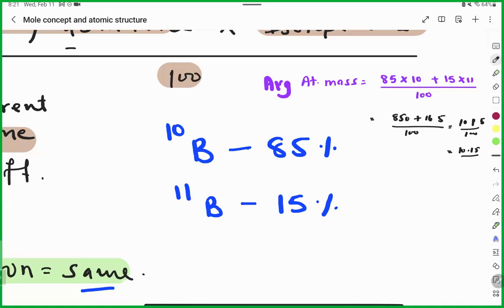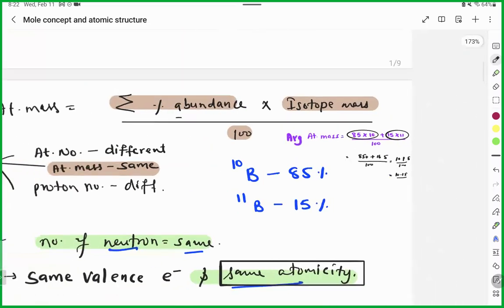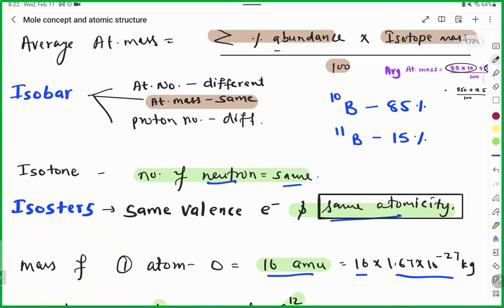That should be the average atomic mass. That's how you calculate. You multiply each value with its abundance: 85% multiplied by atomic mass plus 15% multiplied by the atomic mass, divided by 100. Any doubt, guys? How to calculate abundance? Because you get questions like this.